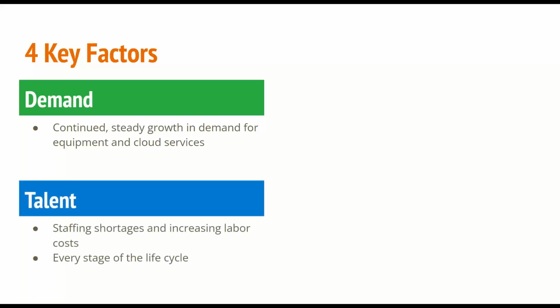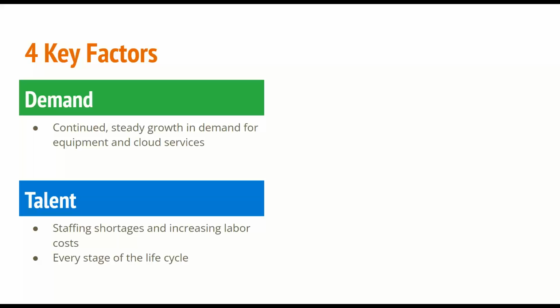The second key factor is talent. No surprise here that I'm going to talk about the staffing shortages and increasing labor costs. And this isn't just with your local IT provider like us, who might be struggling to fill open positions. We're not currently, but many are, just to clarify that.